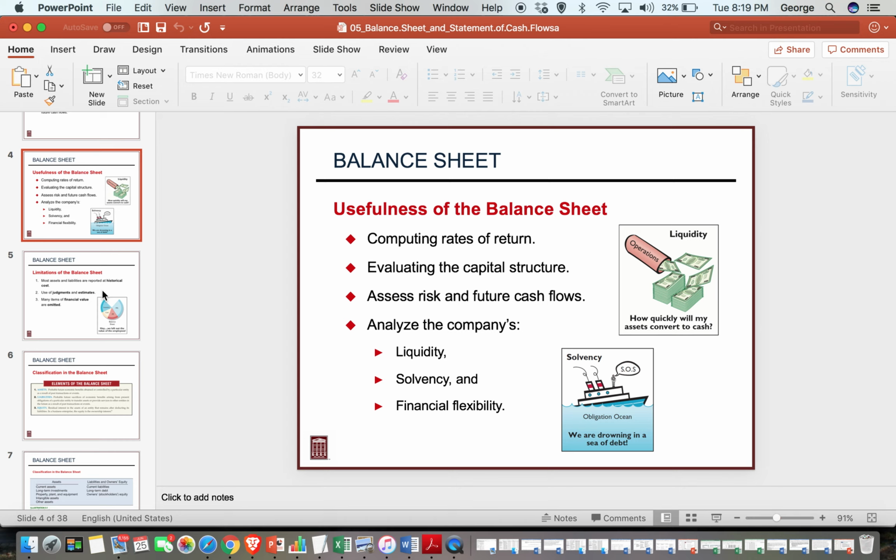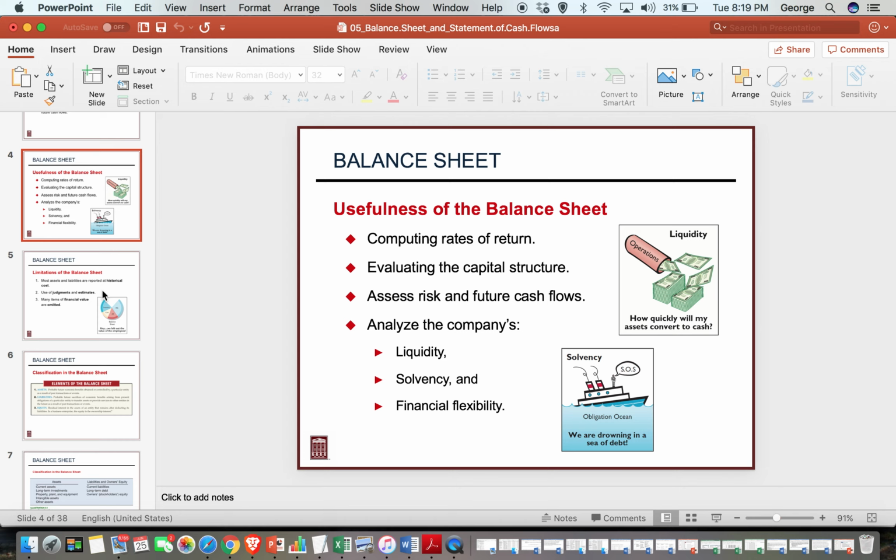The balance sheet can also help us assess risk of the organization. So particularly even looking at the amount of debt that they have, so debt to equity, and then future cash flows. So we can do some ratios. Maybe you probably did these in 211. Current ratio, so take current assets divided by current liabilities, would help us with cash flow. Quick ratio.